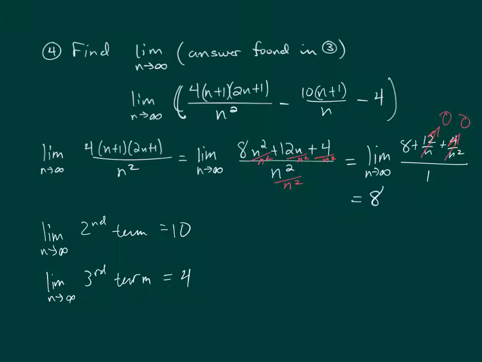So putting these back in the correct order, this is the limit of the first term, so we will have down here in red 8. And then you subtract the limit of the second term, so that is minus 10. And then you subtract again the limit of the last term, which is 4, so minus 4. This gives you a total area of -6 square units.